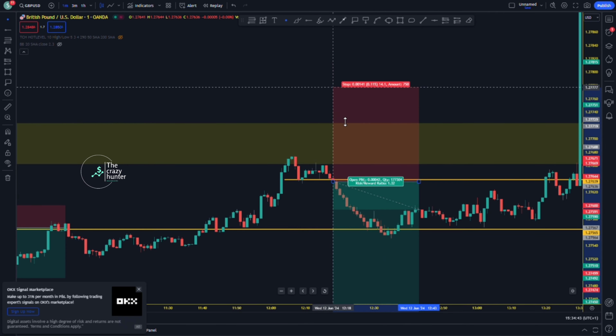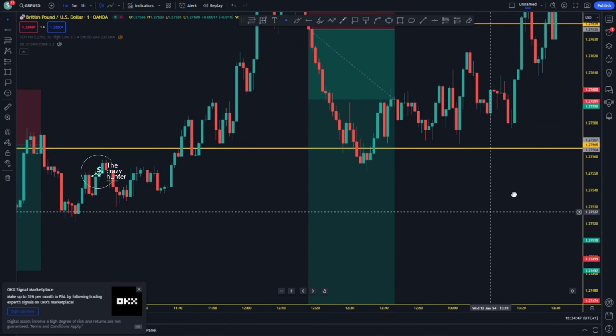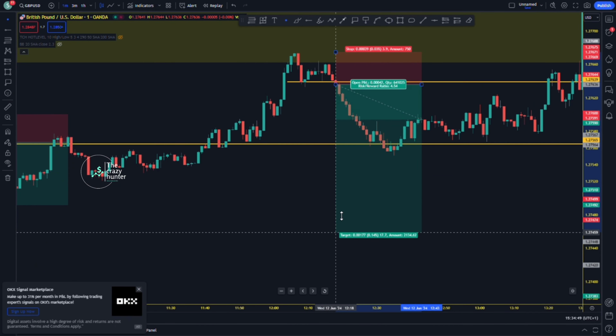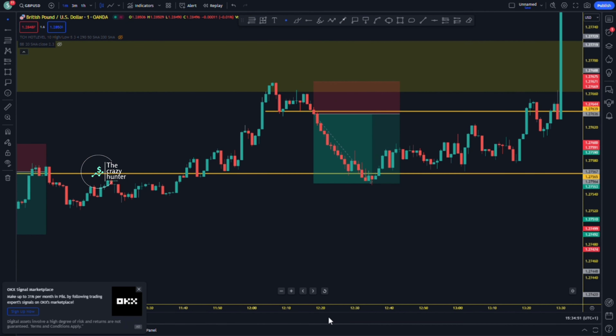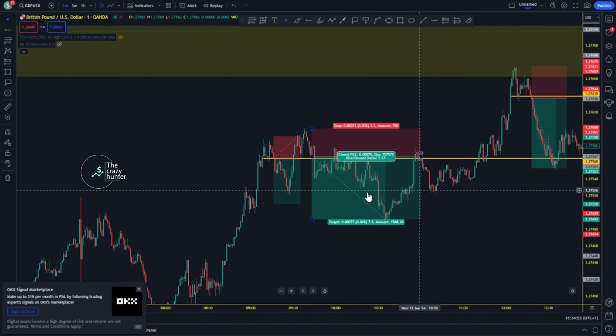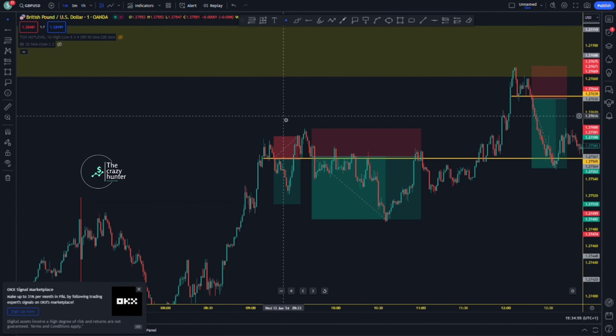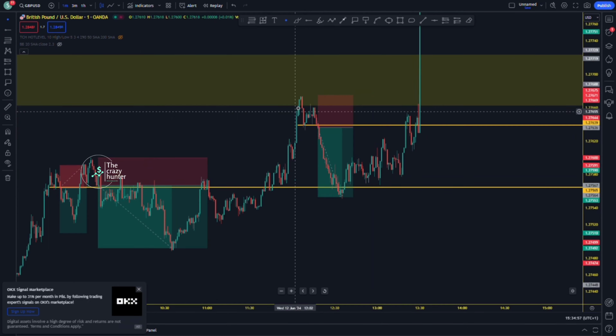Your stop loss is going to be up here, and we have our take profit to be 1 to 2 right there. So either you get the second entry at this point here, or you get your second entry on the next key level.